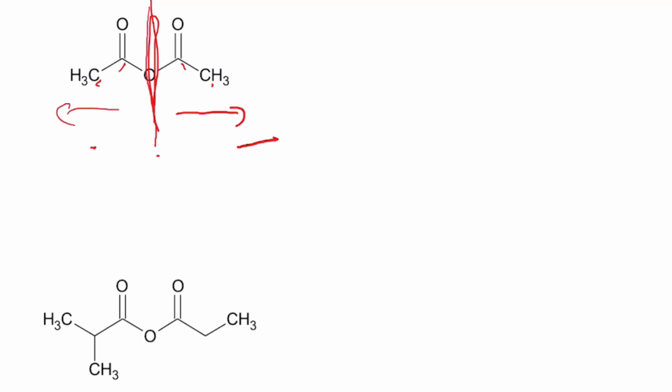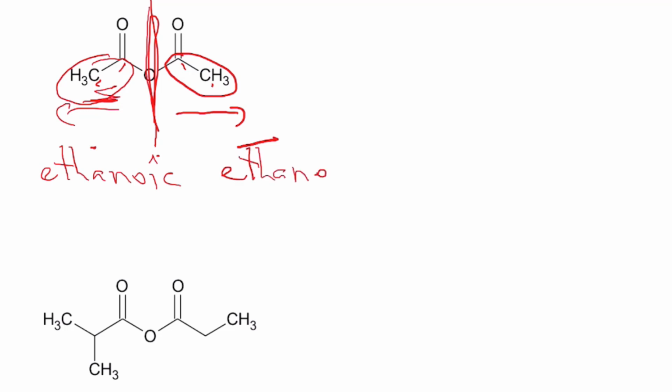And so in order to name it, it's going to be based off what the acid was that had to be there to form it. So this is a two carbon chain, so this would have been ethanoic acid, and on this side this was a two carbon chain, so this was also ethanoic acid. So technically I would be writing ethanoic, a space, ethanoic, and then I would write anhydride to finish it off.